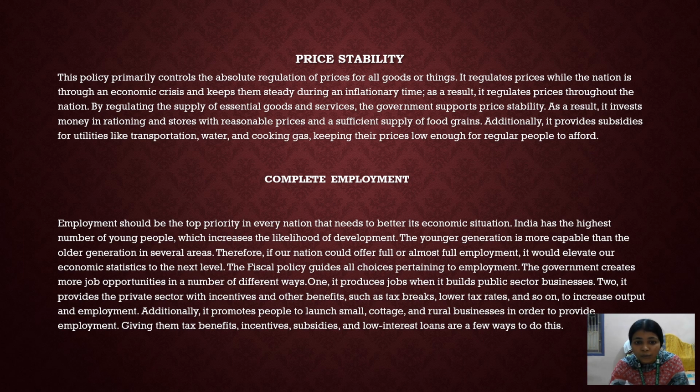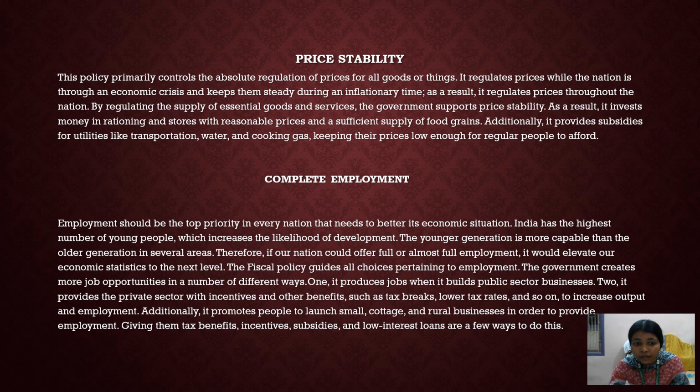Next is full employment. Employment is the top priority in every nation for a better economic situation. India has the highest number of young people, which increases the likelihood of development. Our nation could offer full or almost full employment, taking the economic statistics to the next level. Fiscal policy guides choices pertaining to employment.